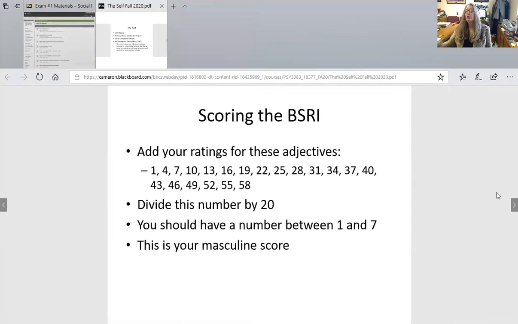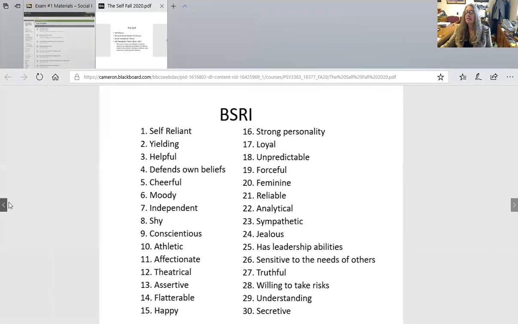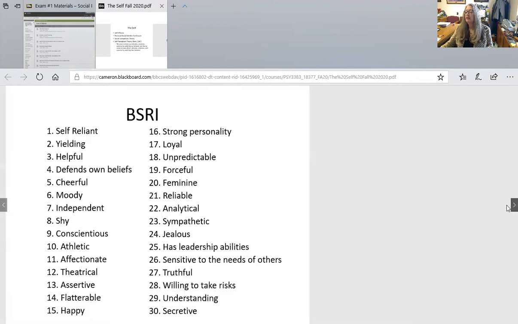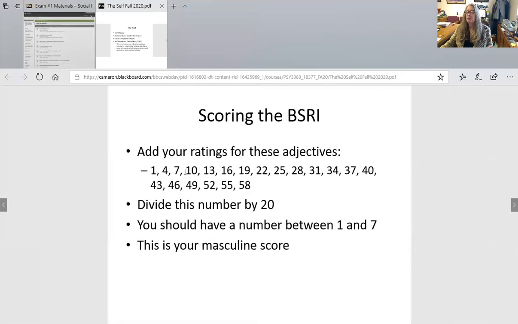You're now going to add the ratings that you gave for the adjectives numbered 1, 4, 7, and so on. If I go back, next to 1 on your sheet of paper is how self-reliant you are, and then the number that you wrote for defends own beliefs, the number you wrote for independent, and so on. You're going to sum those up. Here are the adjective numbers.